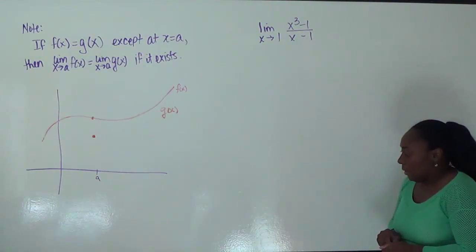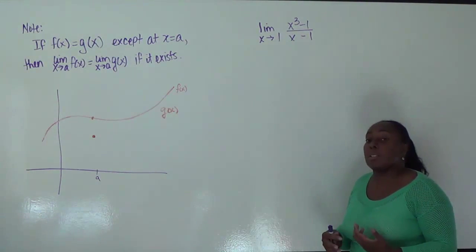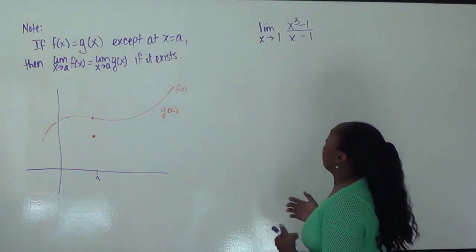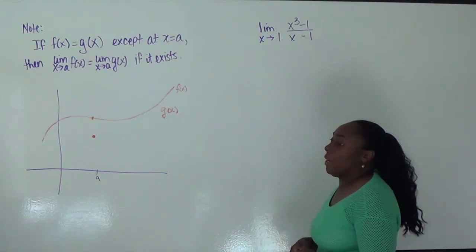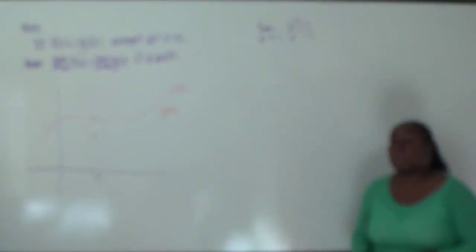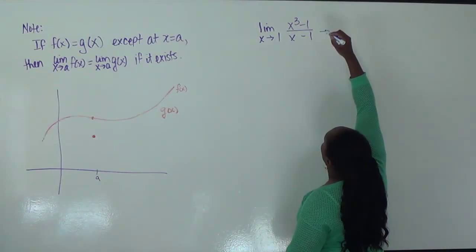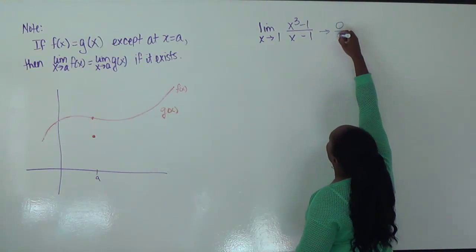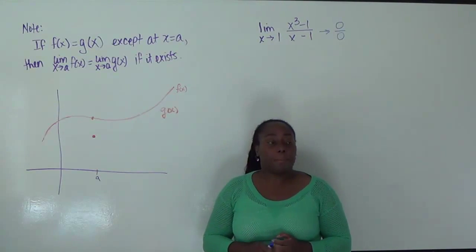Okay? And first you need to convince yourself that the limit law doesn't work here. The problem is if I try to evaluate these polynomials like we did with the limit laws, when I plug in 1, I'm going to get 0 over 0. Okay, so something that's not determinable.